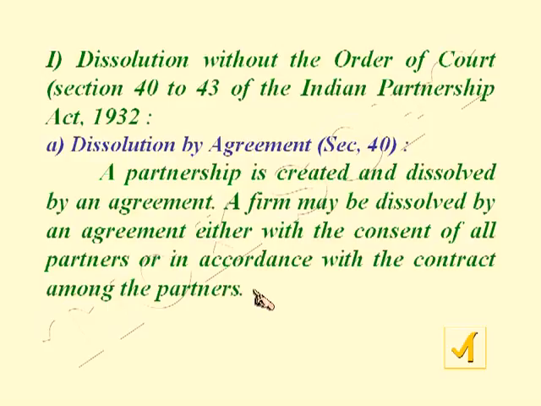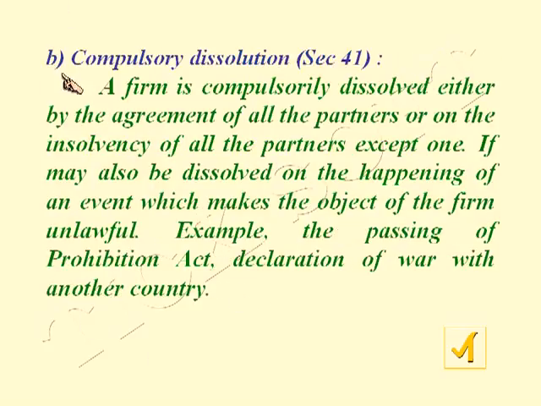So based on the agreement, based on the consent of all partners, they can dissolve the business through proper agreement, through proper contract, through proper deed. This is called dissolution by agreement. It comes under section 40 without the order of court. No need to go to court.